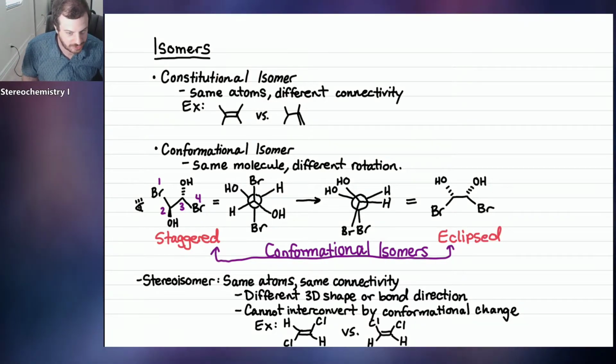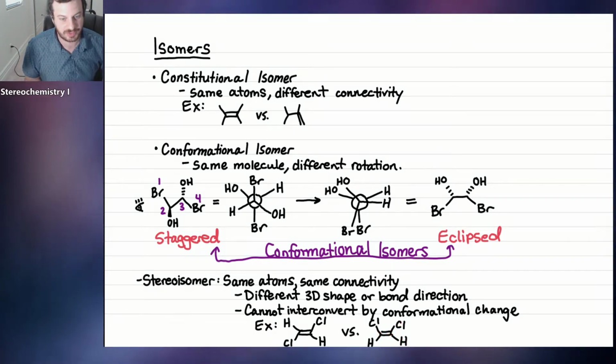They both have two hydrogens, they both have two carbons, they both have two chlorines. They both are connected in the exact same way, meaning this carbon here has a hydrogen, a carbon, and a chlorine on it, and this carbon has a hydrogen, a carbon, and a chlorine on it. Same thing with this molecule. This carbon has a hydrogen, carbon, and chlorine. This carbon has hydrogen, carbon, chlorine.